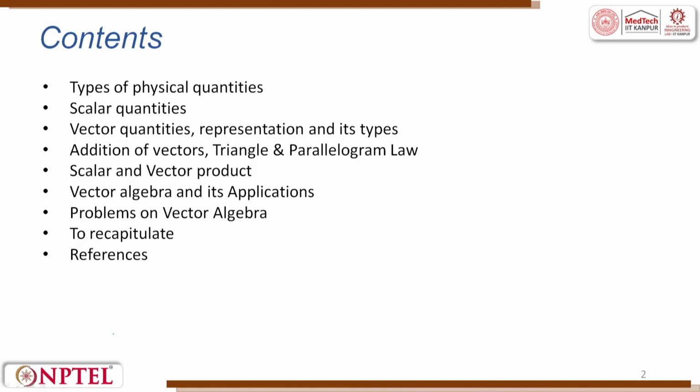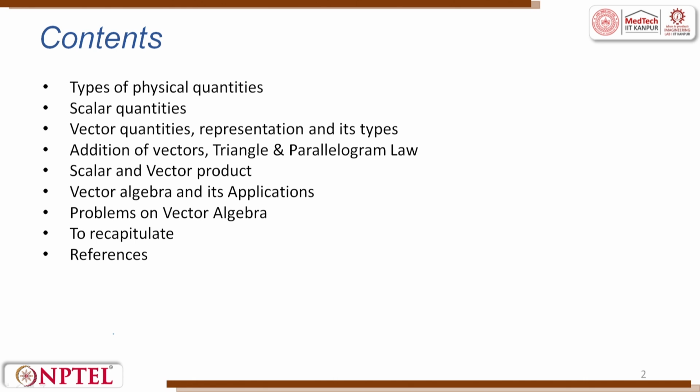So, in this lecture, as I told you, we will try to cover types of physical quantities, then scalar quantity, vector quantity, their representation and its type. How do you add vector?